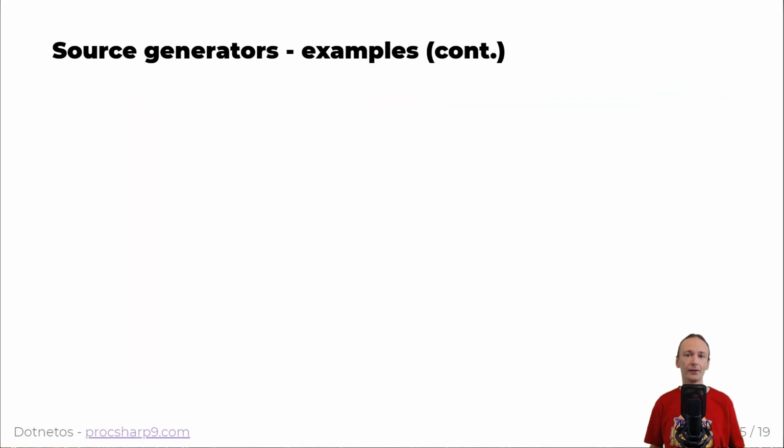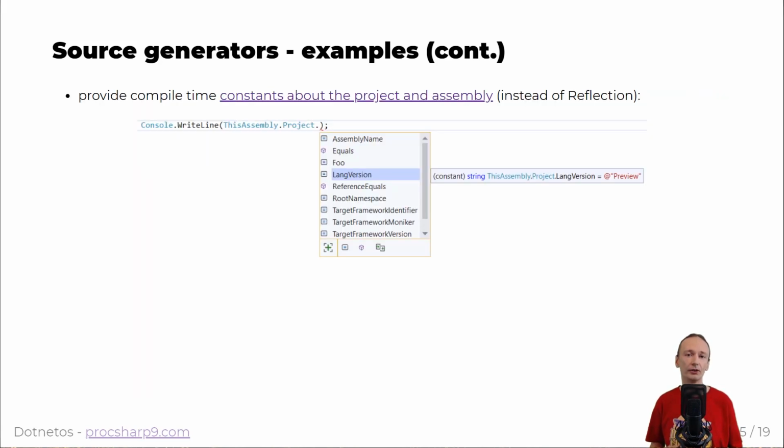And in the end, we can have many other examples of source generators. For example, there is a nice source generator that is just adding constants at compile time that come from the project file itself and from the solution itself without referring to reflection. At compile time, we can have access to some constants defined in the project file, for example.